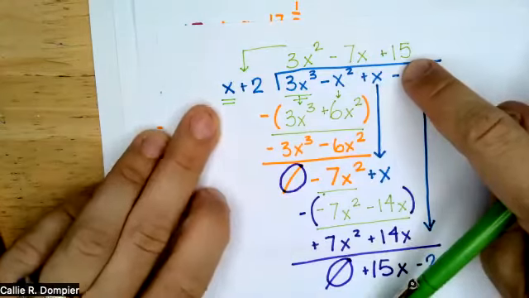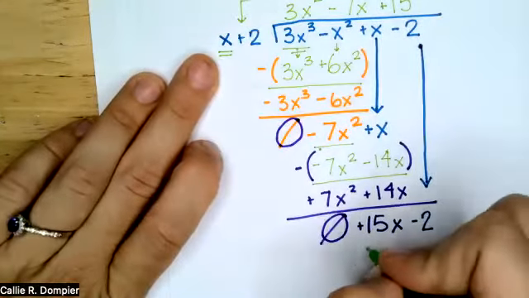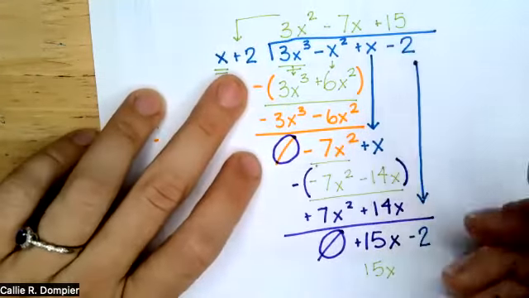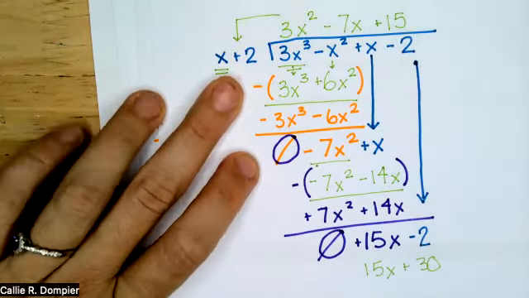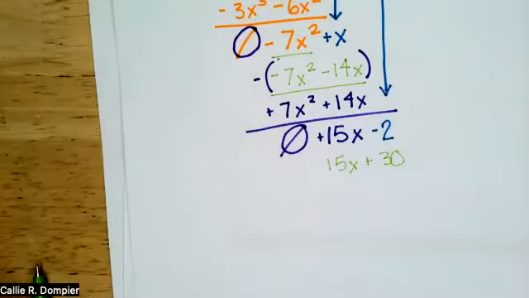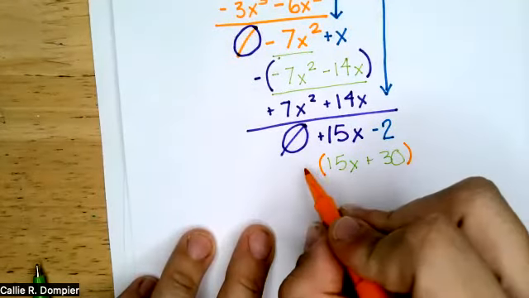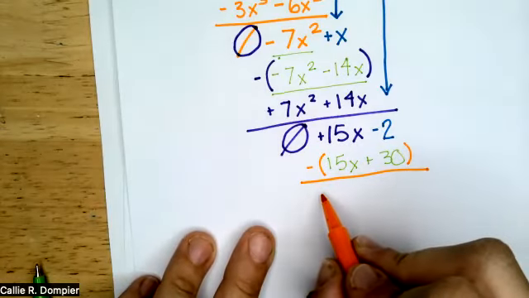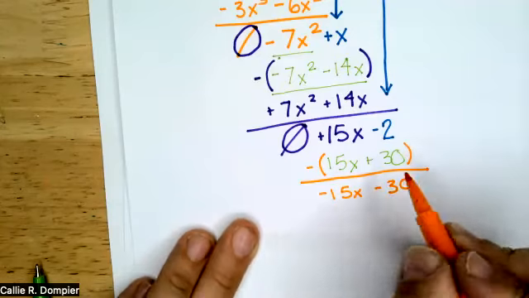Now I take that 15, I multiply it by the x. 15 times x is a positive 15x. 15 times a positive 2 is a positive 30, right? Now I need to subtract those. So that becomes negative 15x minus 30.